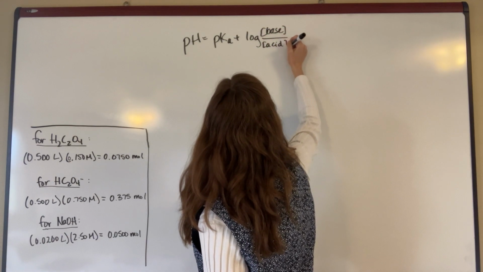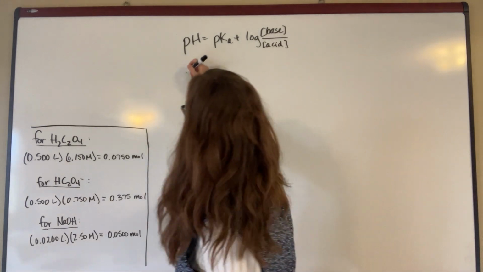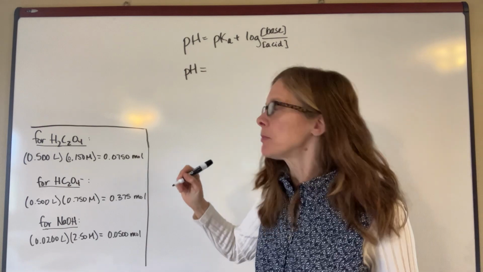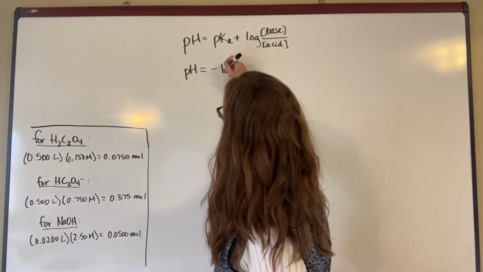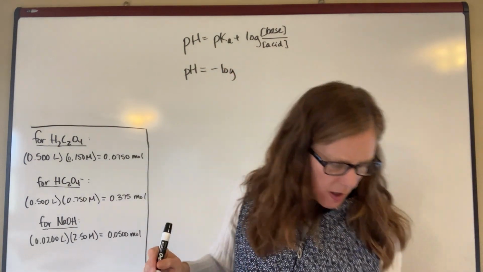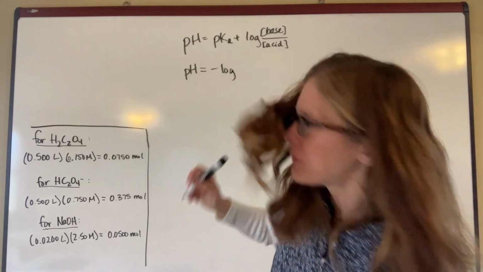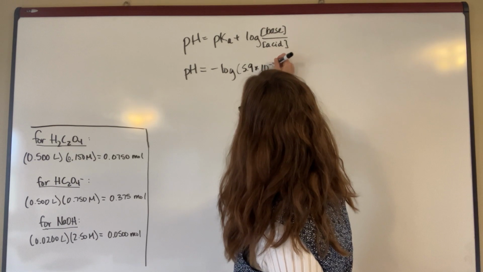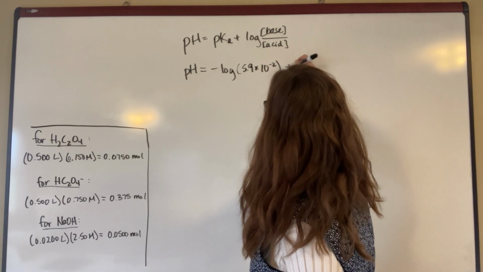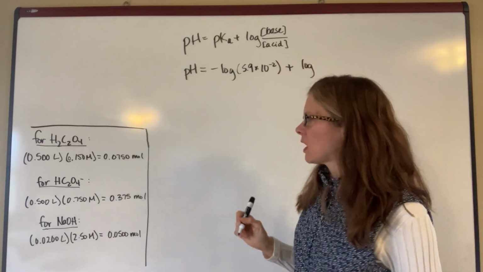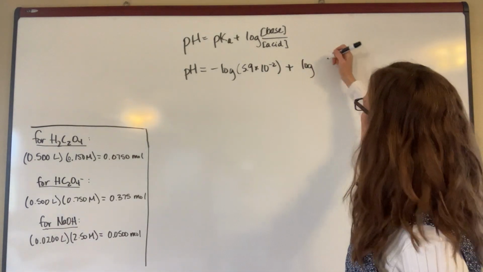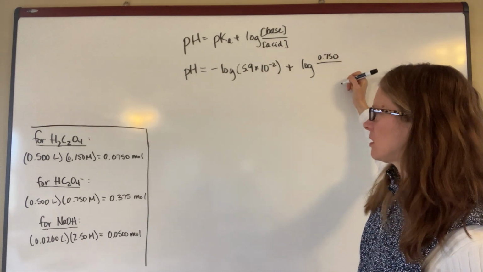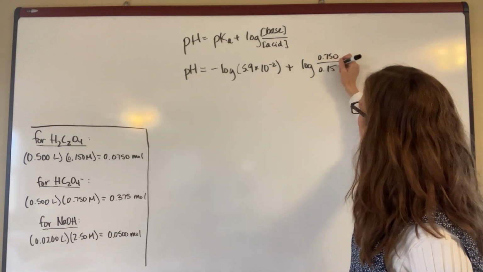of the acid. Okay, so all I have to do here, because of what they've given me, is plug in the numbers that they've given me. So the pKa is going to be the negative log of 5.9 times 10 to the minus 2, plus the concentration of the base was 0.750 and the concentration of the acid was 0.150.